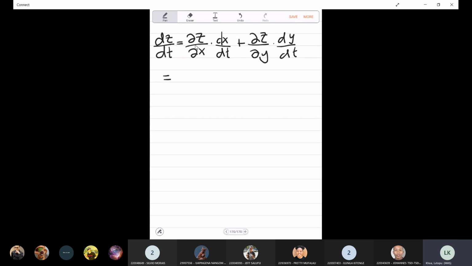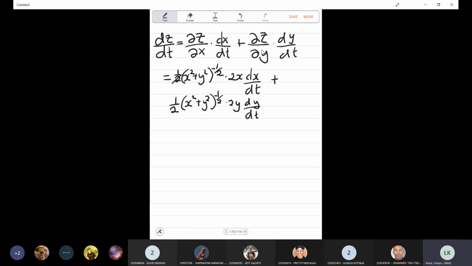So this is a half times x squared plus y squared to the power of minus a half, then multiply by the derivative of the inside, which is 2x, and then we still have our dx dt. Then the same thing, z with respect to y partially. This is a half times x squared plus y squared to the minus a half times 2y, and then dy dt. So we can see that the half and the 2 will cancel, same thing over there.